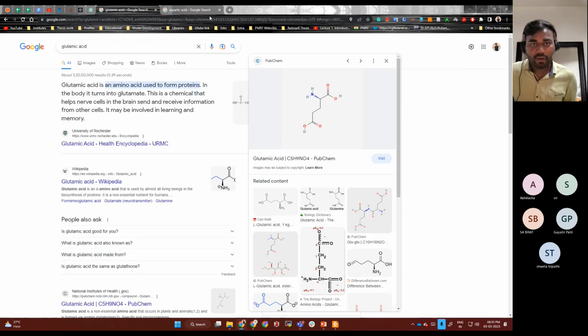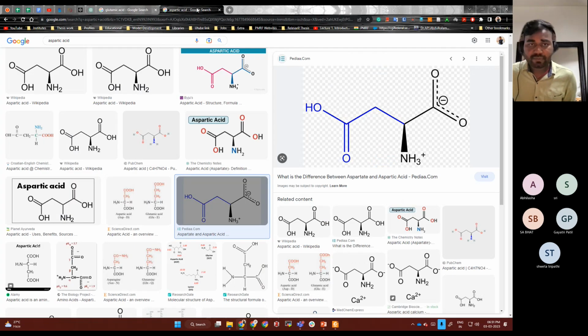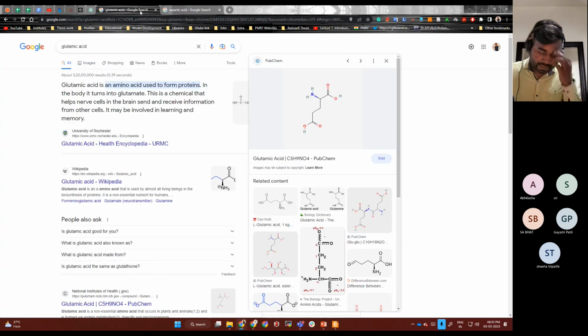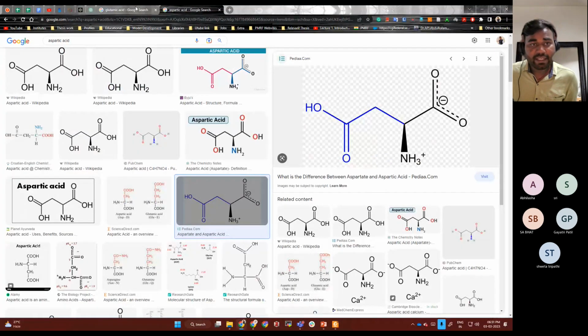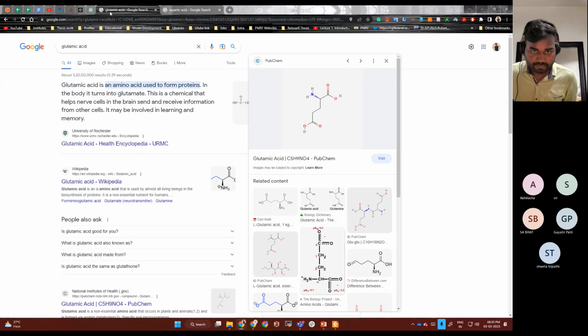Now, what have you studied? Glutamic acid has one more carbon in its chain. The chain length of the carbon is one greater than aspartic acid, right? Due to which there will be some kind of hydrophobic character, and that helps in increasing the pKa, so aspartic acid's pKa value will be lower than this one.